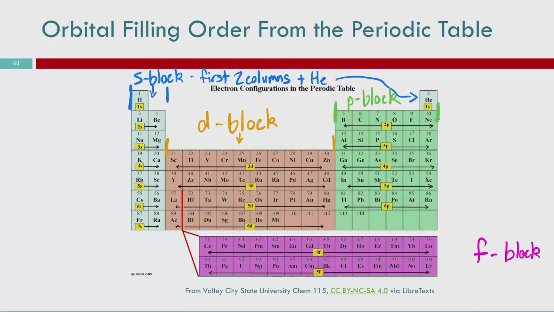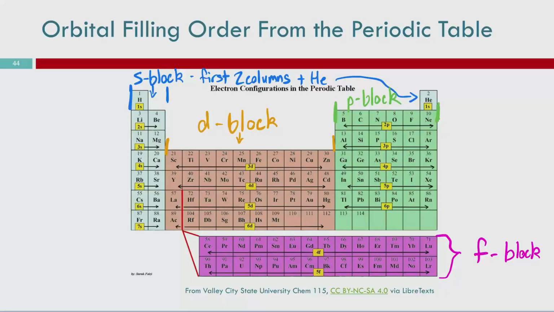Our f block is our lanthanides and actinides that get pulled out and set below the rest of the periodic table for convenience, space reasons. So anytime that we would be down here, we would be filling up our f block. Fortunately for us, we're not doing that. So the first part, we have to remember what the blocks are, what they correspond to.